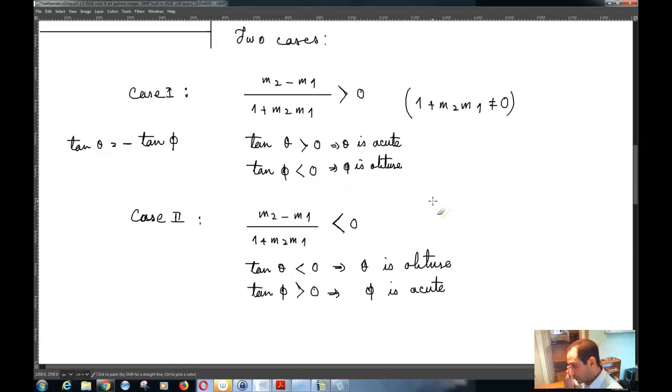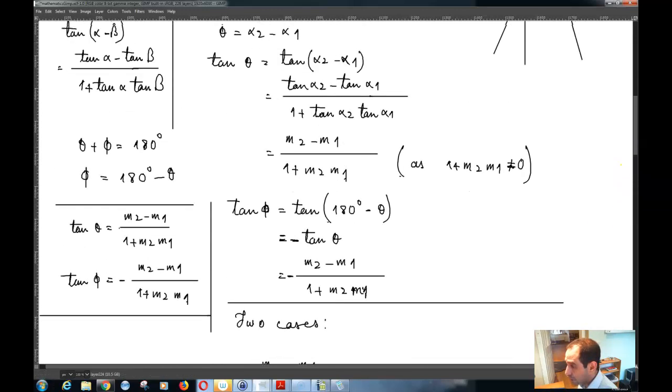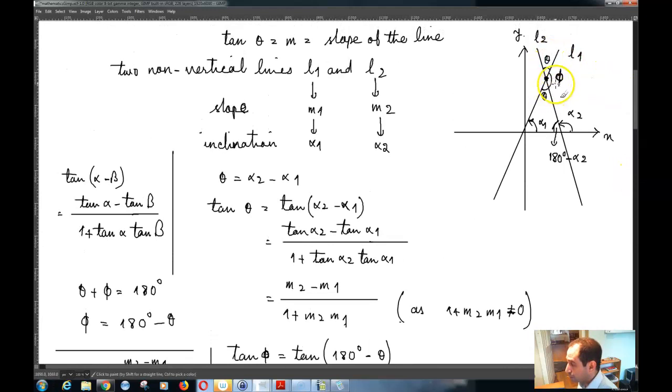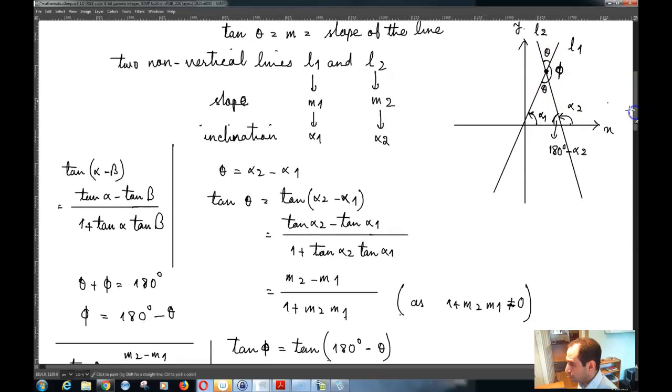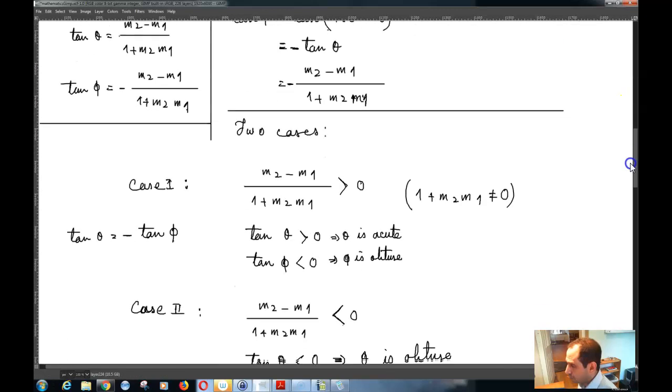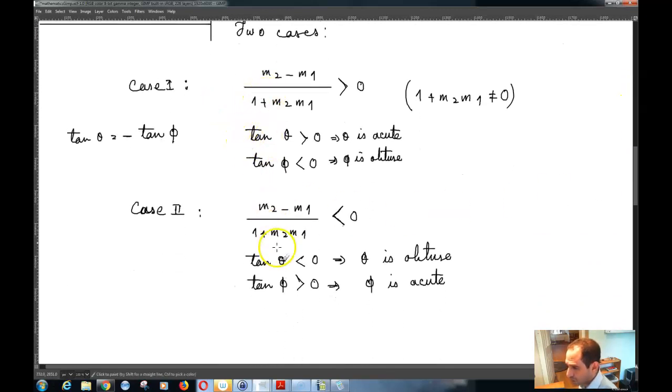Now what this practically means is that we have these two angles, theta and phi, between these two lines, and based on these two cases, you can tell whether your theta is the obtuse angle or the acute angle.